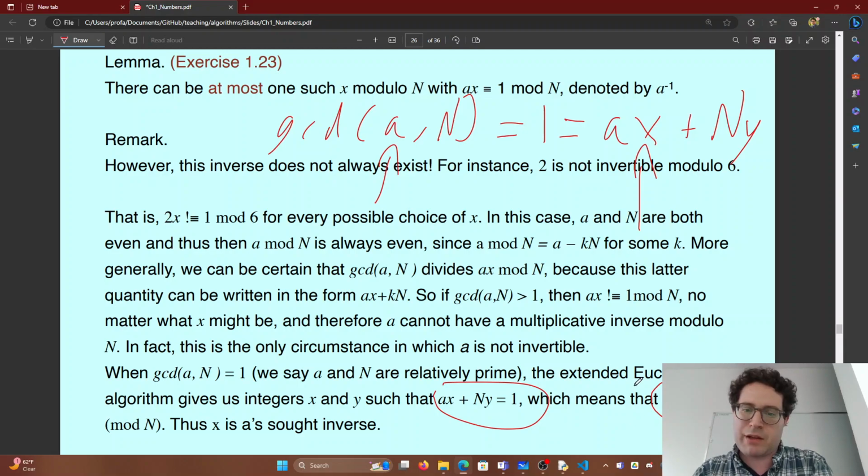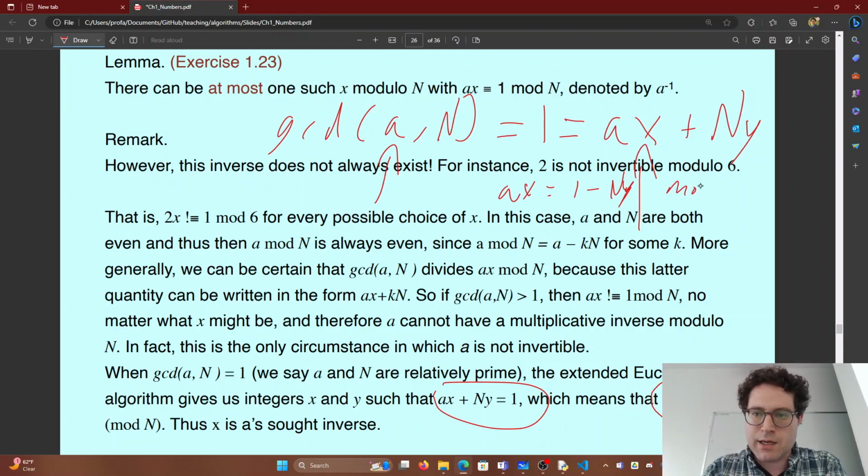Ax is equal to 1 minus ny, and then if we take this mod n, this goes away because it's a multiple of n, right?